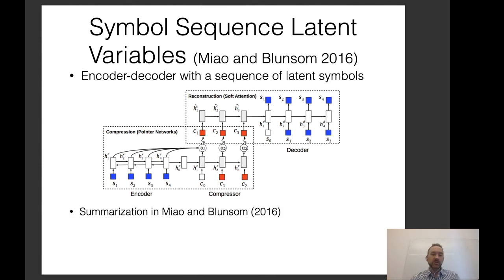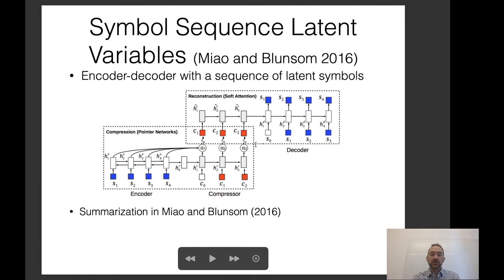This can be used for summarization, and in the summarization case, they also add a pointer network, which gives an inductive bias to try to copy from the input. So there's a copy mechanism that allows you to copy from the input, and this biases the model to try to make the discrete latent sequence look similar to the input.